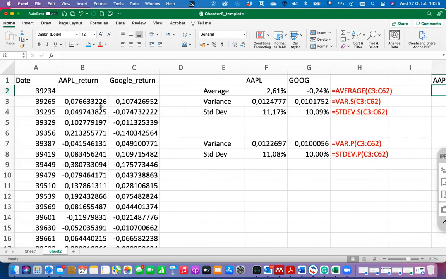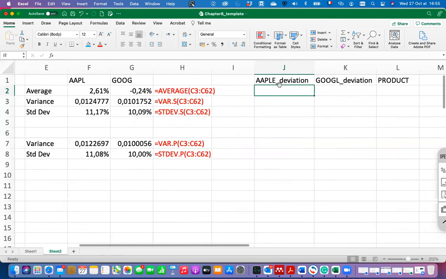As I told you, we have to sacrifice the first row, so we start from the second row. By Apple deviation, I mean the difference between each return observation and the mean.